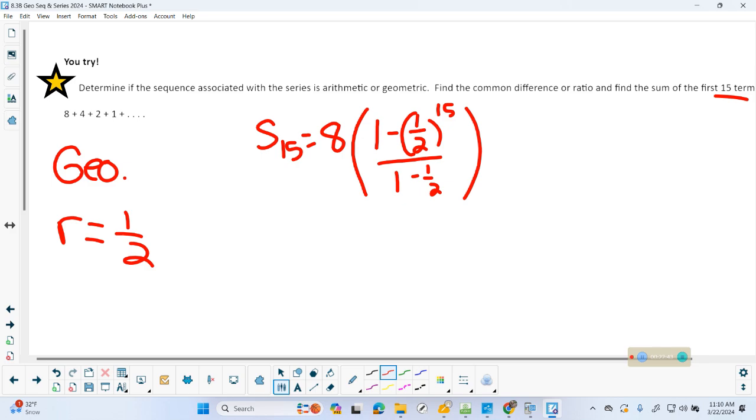So punch that in, see what you get. I just rounded it to the whole. 16. So type it in, see if you can get it. By the time you round it to the whole, you should get 16.